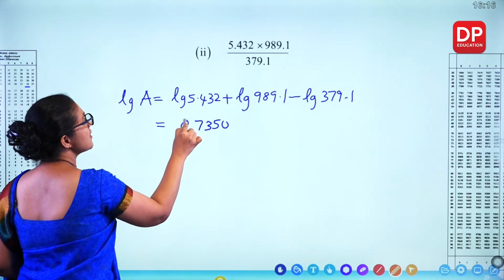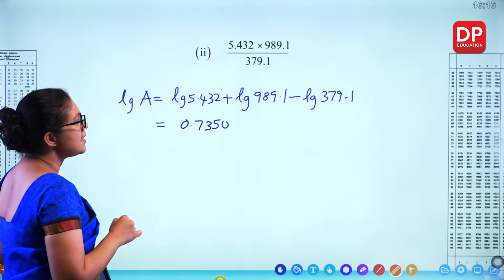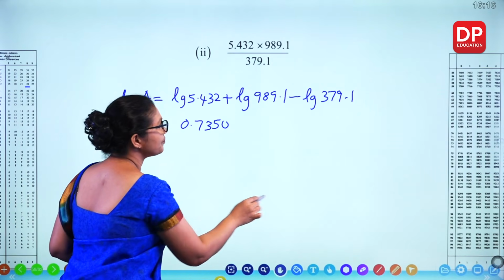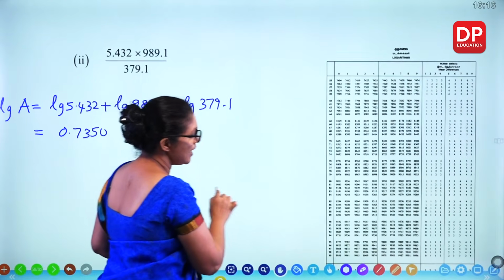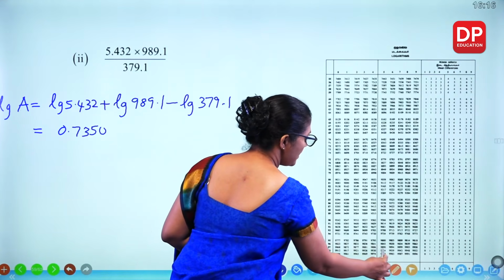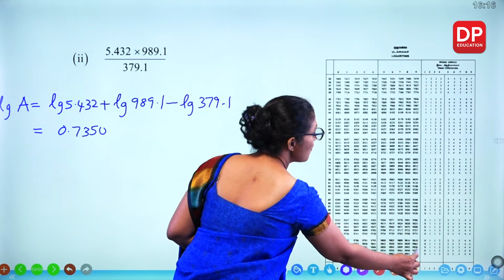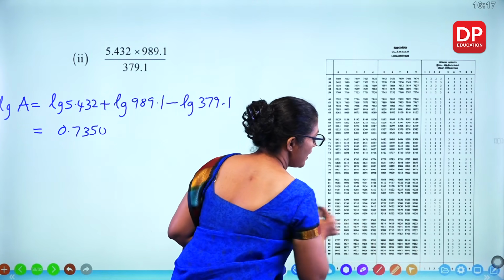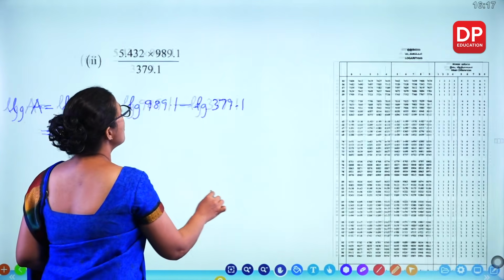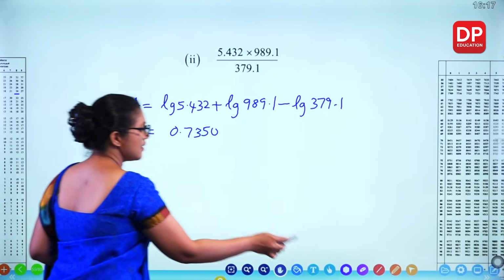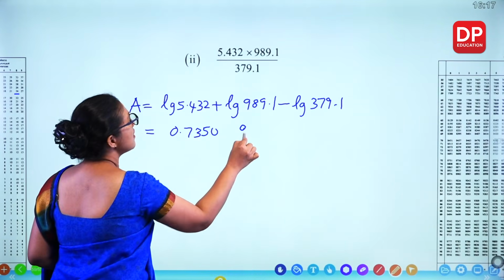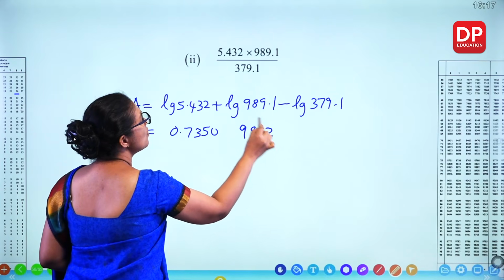So the characteristic is 0. 98, 91. 98, 90, 1 is 0. 9952.